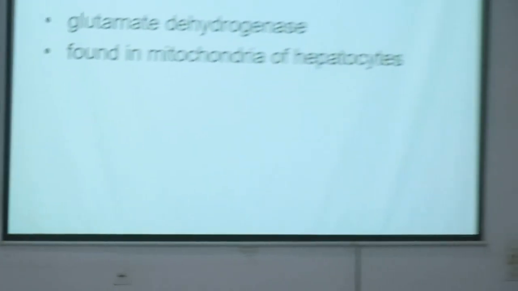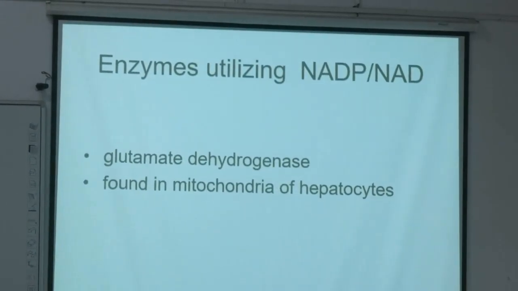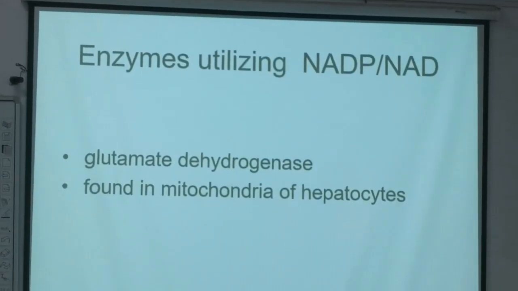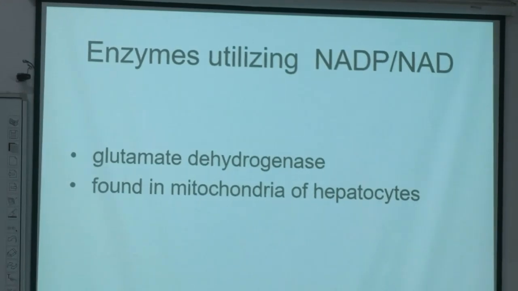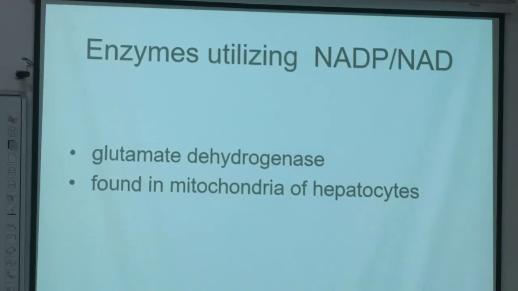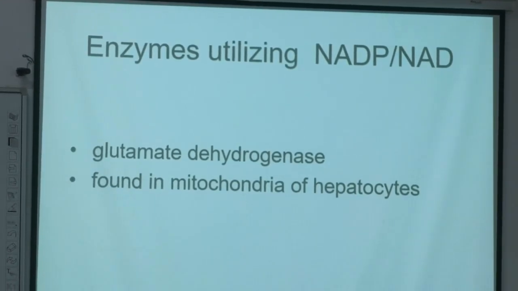Enzymes which can utilize either of these, not together, they can use NAD, they can also use NADP, only one. There is only one enzyme in our system which can utilize either NAD or NADP, that is glutamate dehydrogenase.